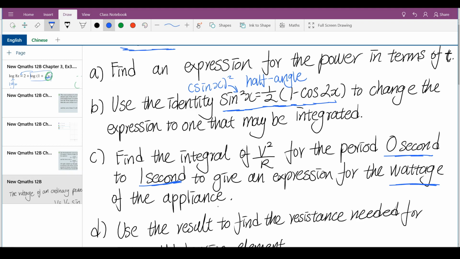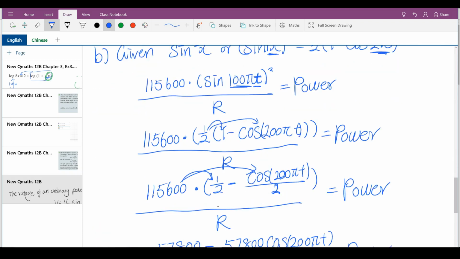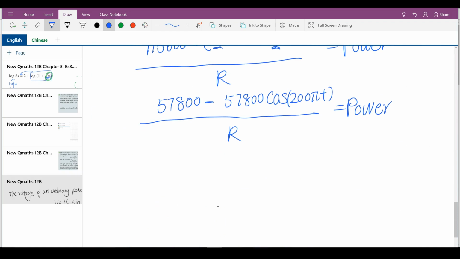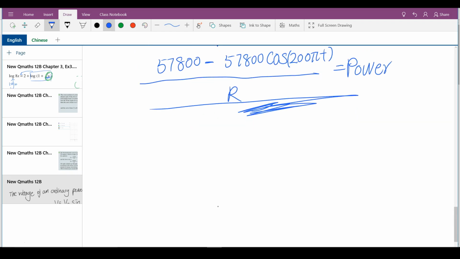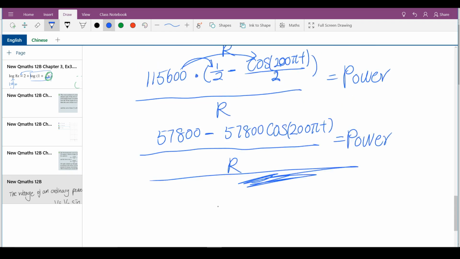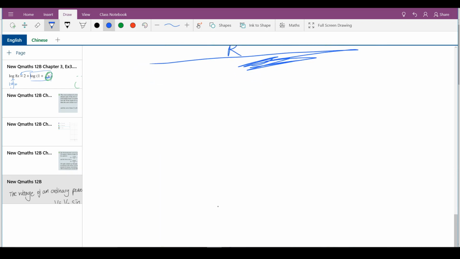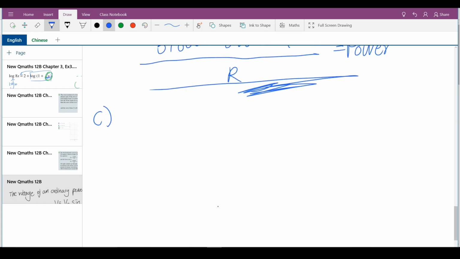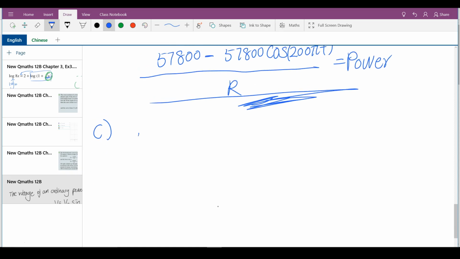So we have to find the integral of v squared over r. Don't forget, what we got here is already v squared over r. So for question C, we are integrating from 0 to 1.